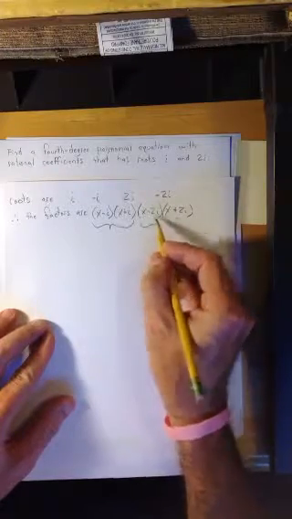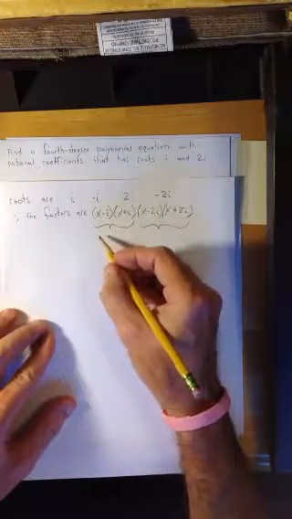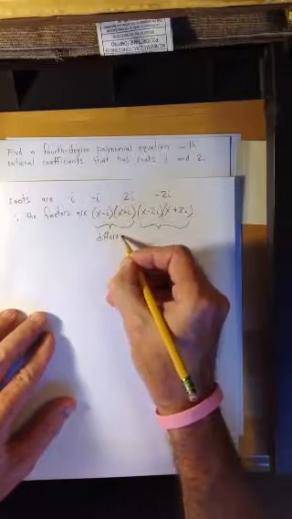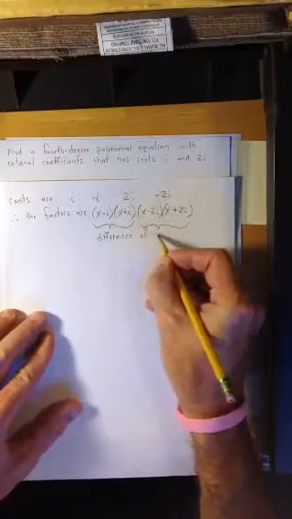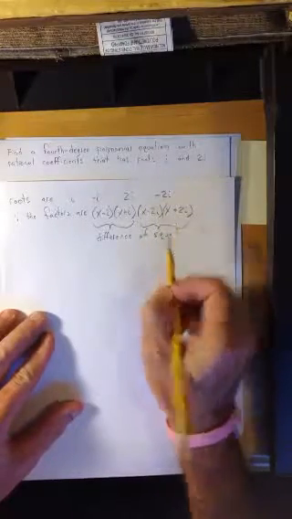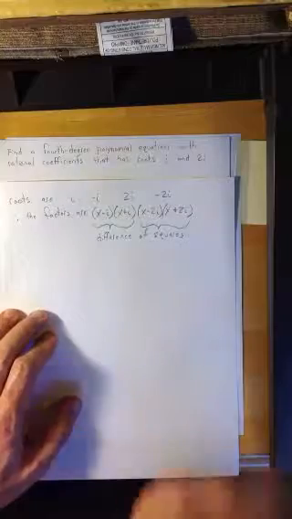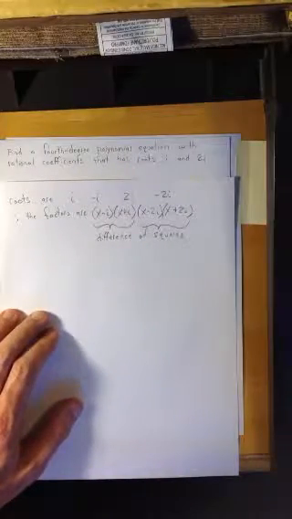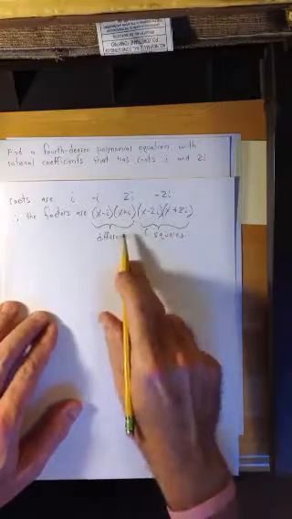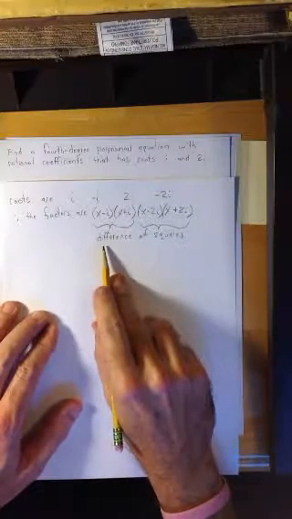Both of these are, if you'll notice, the difference of squares. You can always FOIL it out, and algebraically it's just quite a bit more work, but you could do it that way as well.